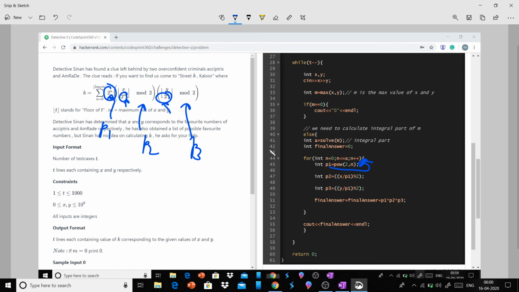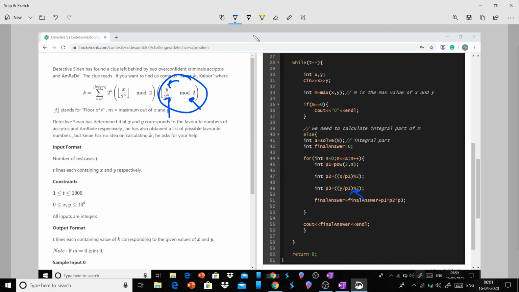Then I calculated P2, which was nothing but x by P1 and finding its remainder with 2, which was this whole part, x by P1 and mod 2. And P3 was this, I need to divide y by P1 and then find its remainder when divided by 2.